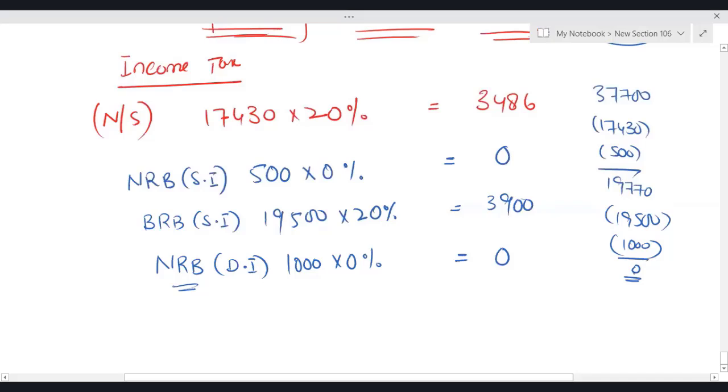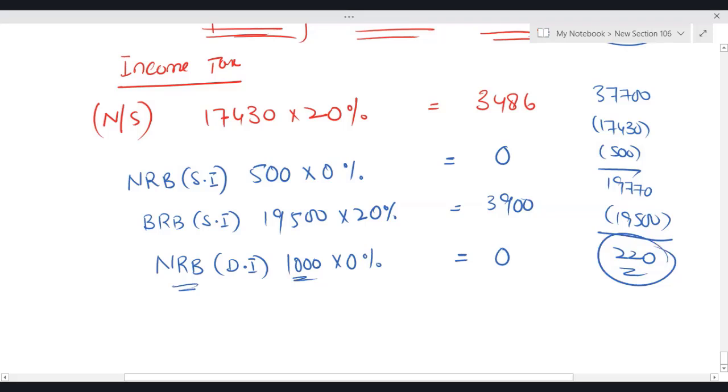Let me repeat, the basic rate band is fully utilized. We do not have any space in the basic rate band. Logically, after utilizing 19,500, the remaining limit was only 220. Obviously, this 1,000 easily covers this 220.